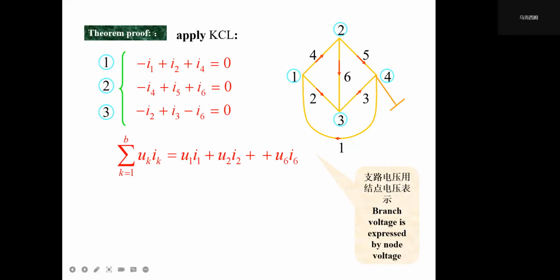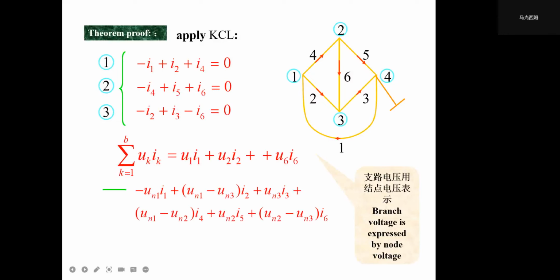And we can express the branch voltage by using the node voltage. So we have U1 equals Un1, U2 equals Un1 minus Un3, and so on and so forth.